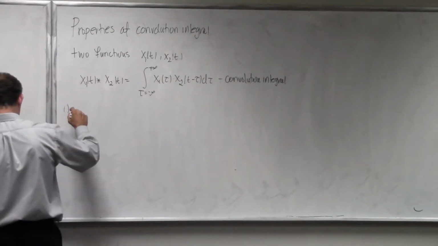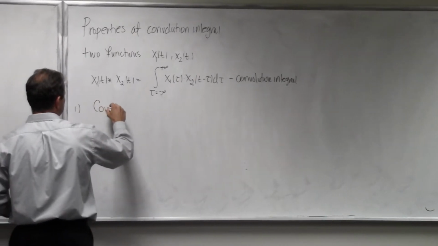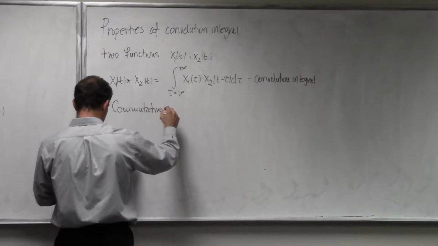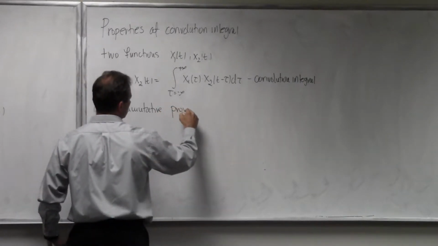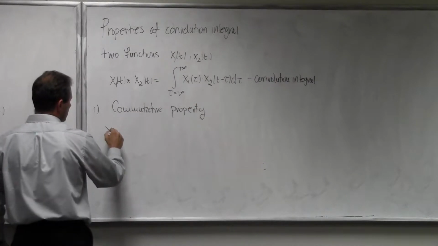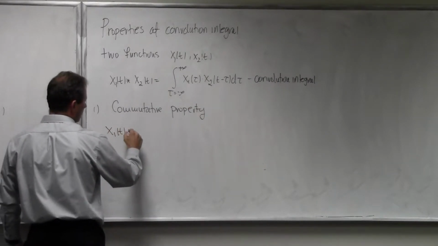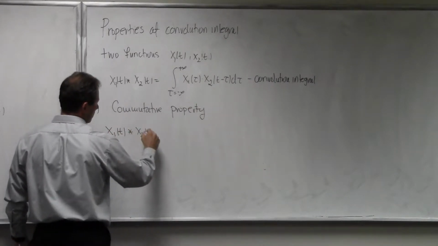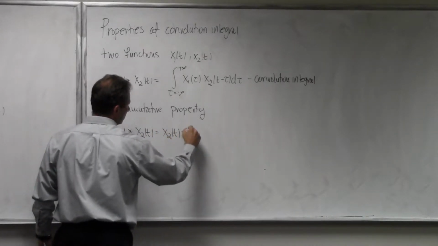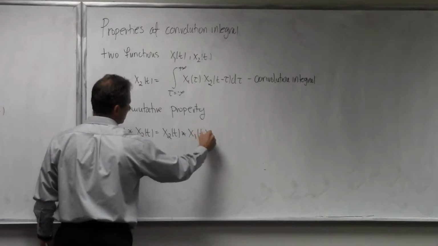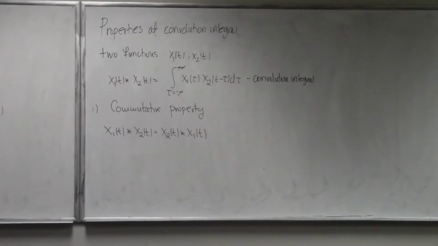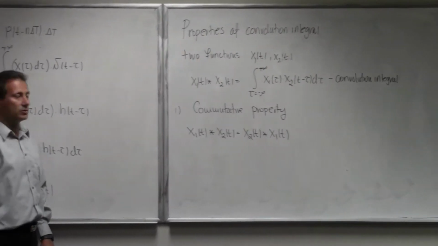The first one is the commutative property. It says that x1 of t convolved with x2 of t is the same as x2 of t convolved with x1 of t, essentially saying that you can change the order in which you do your convolution.